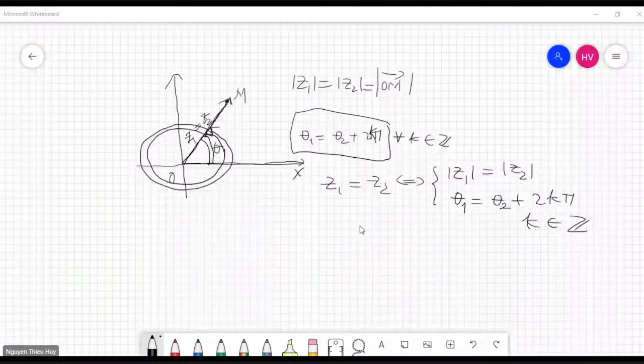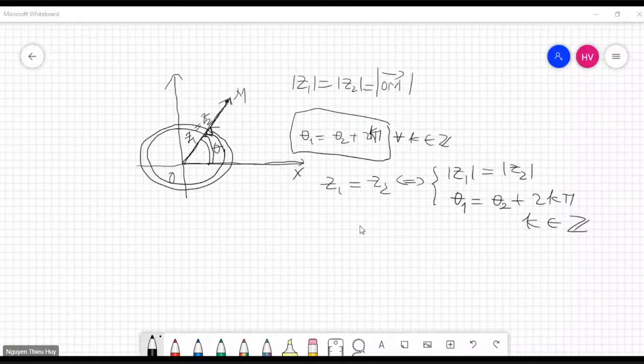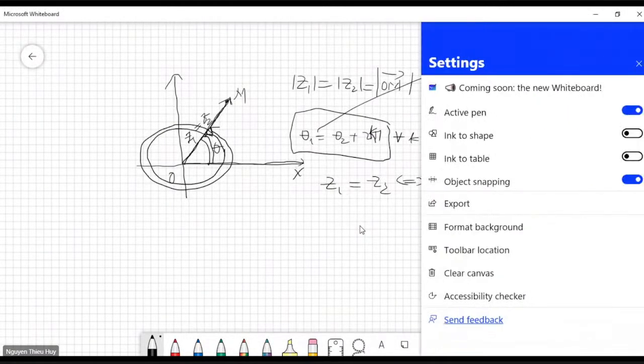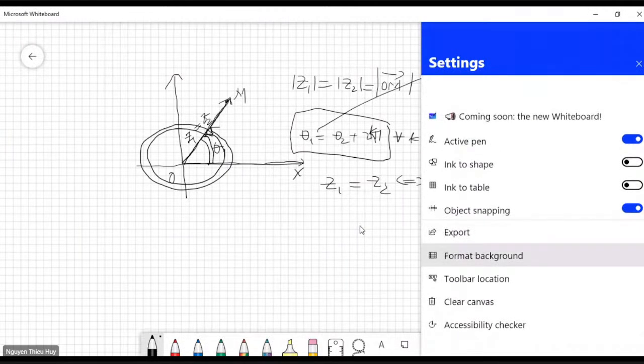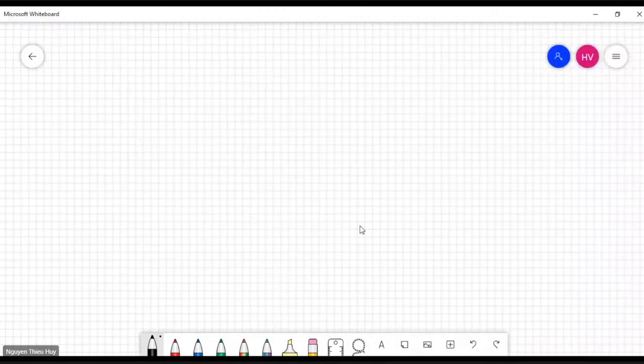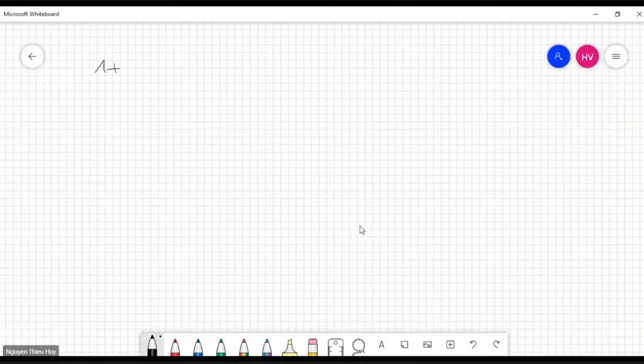Good, it's again here. I clear the canvas. Okay, let's raise 1 plus i to the power 7, for example.